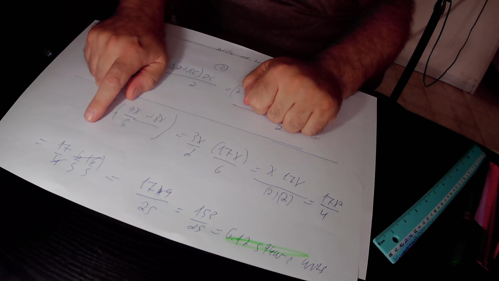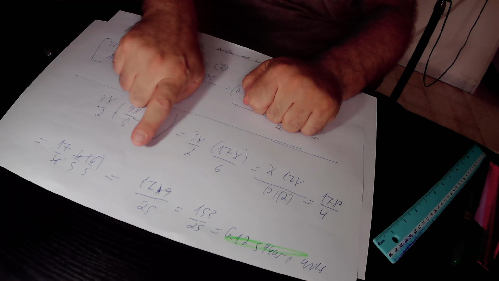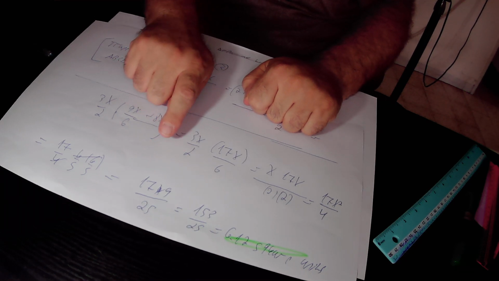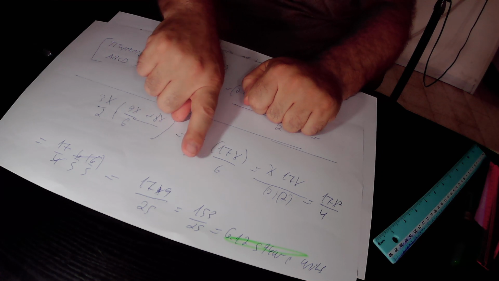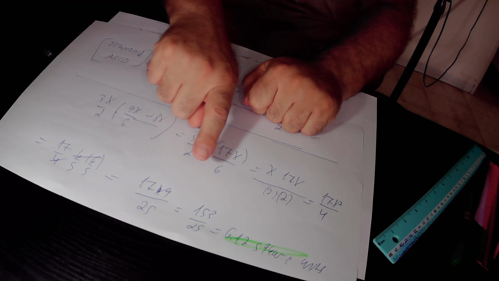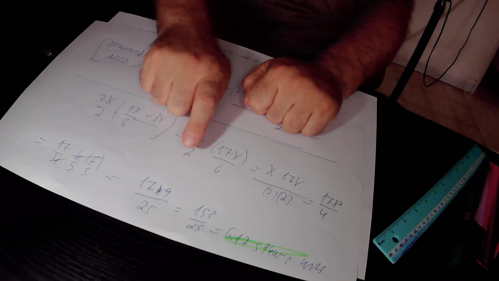So in total we have 17 times 9 over 5 times 5, which is 25. 17 times 9 is 153, so this equals 153 over 25.